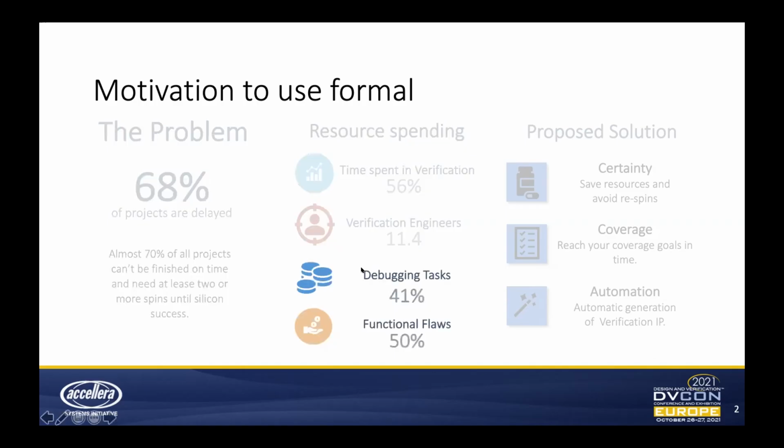But what we would like to tackle is two sub-problems that result from the increasing verification problem. On the one hand, the debugging task. Even if the verification engineer has done a great job writing the test benches, you still need a lot of manual effort to figure out what is actually the root cause of the problem. I think that could be way easier if we had a sound and abstract model.